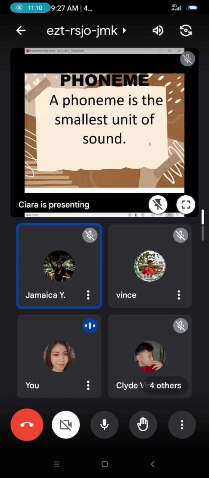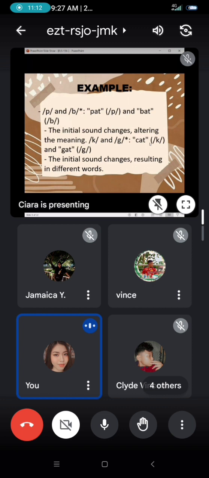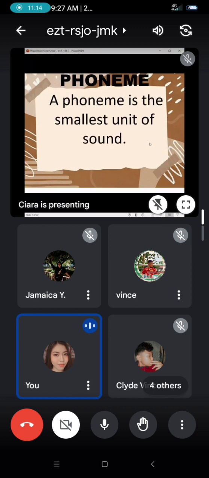The next one we have is the phoneme. A phoneme is the smallest distinctive unit of sound in a language that can change the meaning of a word. The study of phonemes and their organization within a language is a fundamental aspect of phonology in linguistics.